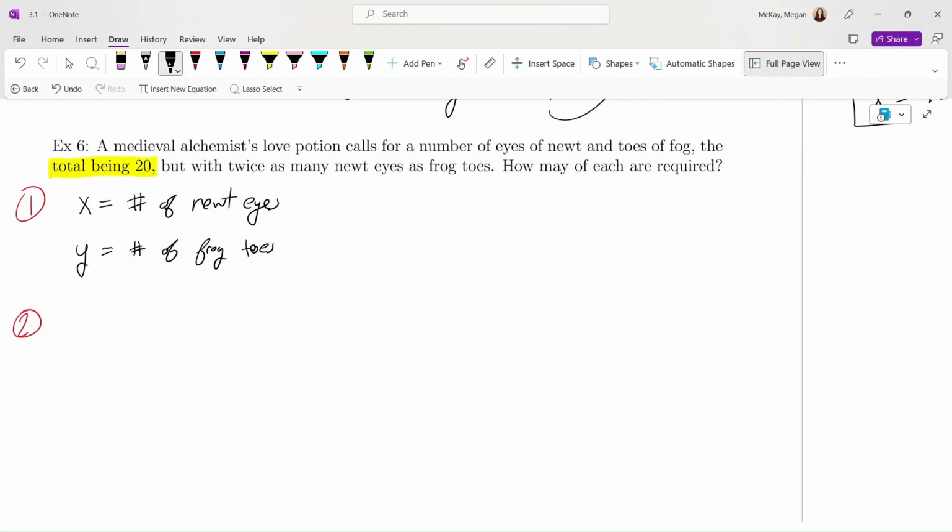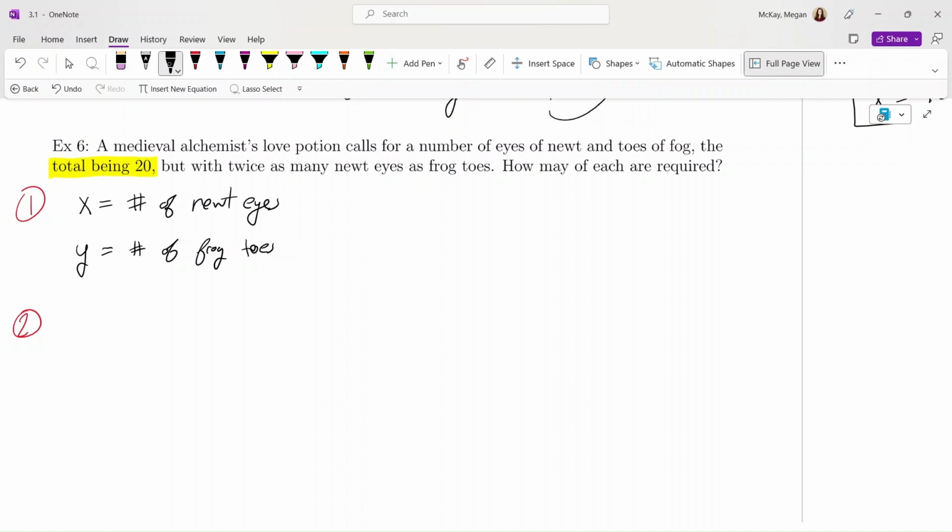How could we take this statement, the total being 20, and turn it into a mathematical statement or an equation? The total, that means we need to take both the number of newt eyes together with the number of frog toes, or in other words, we need to add them together.